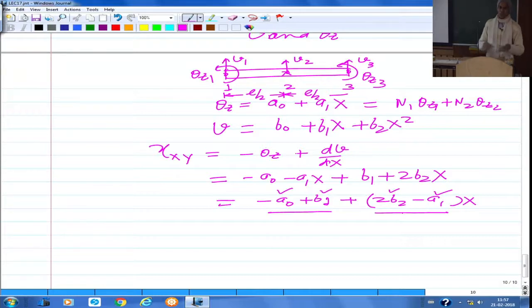So if you formulate your finite element level Gaussian equations and the load vector using this interpolation for theta z and v, this finite element, whether you use it for thin beam or thick beam problems, will give you consistent results. For thin beam problems it will not under predict deflection. So this is one way of eliminating transverse shear locking.